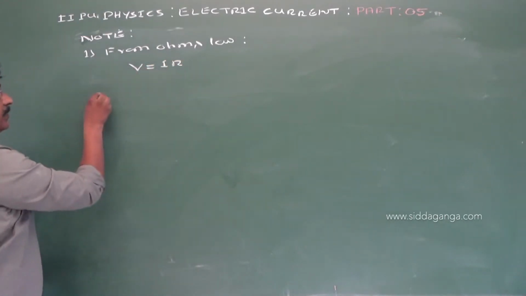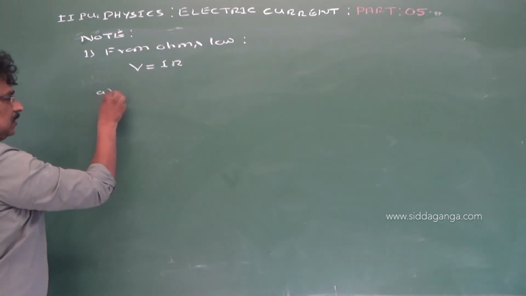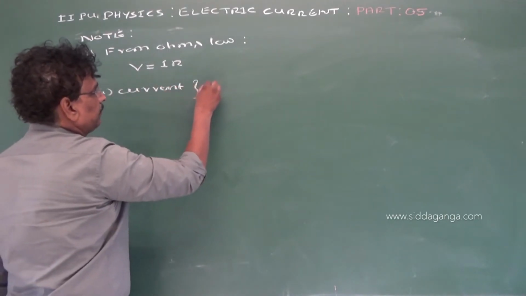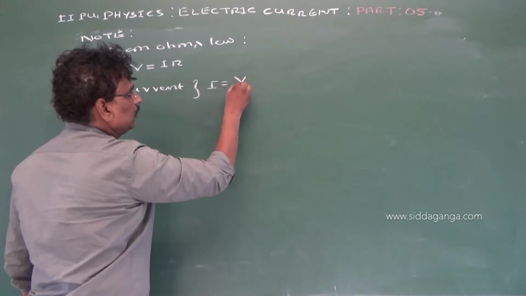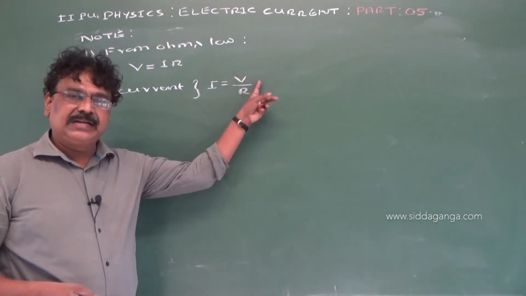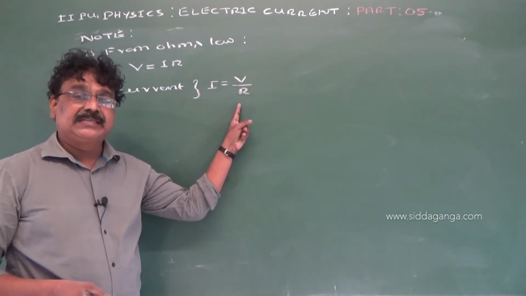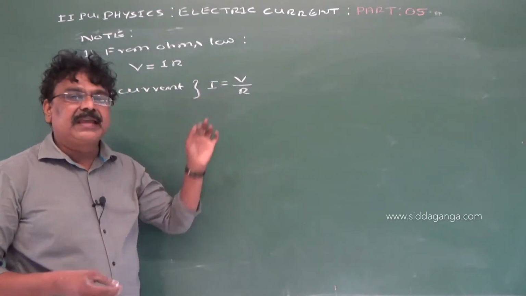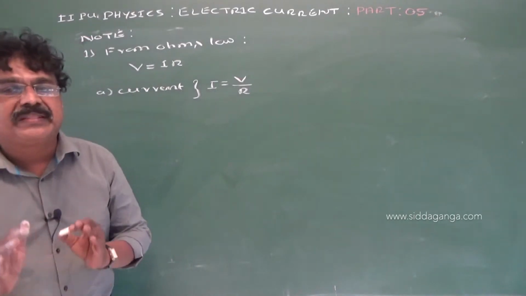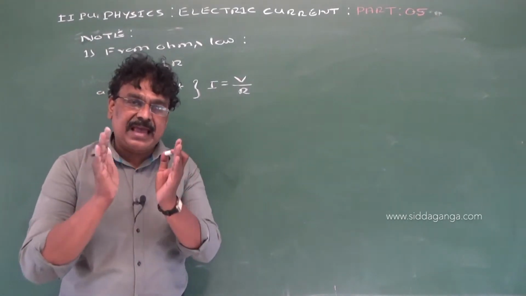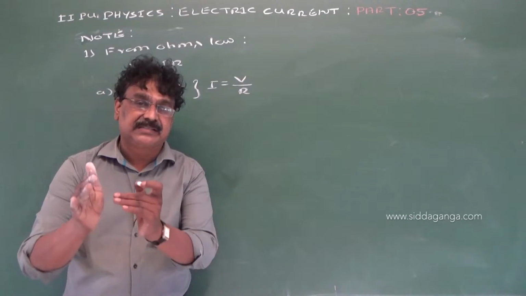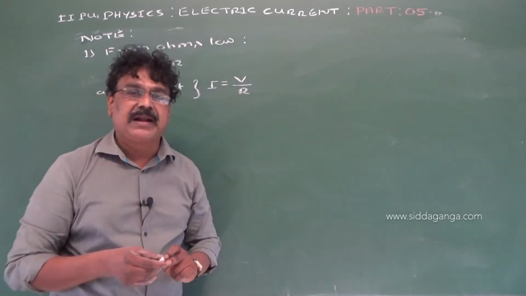From this equation, write A. Current in the conductor. So current in the conductor I is equal to V by R. If we know potential difference between the ends of the conductor and resistance R of the conductor, then we can calculate the current flowing through the conductor, right? That means with the help of Ohm's law, we can find what is the amount of current flowing through a conductor of resistance R when potential difference applied is V.